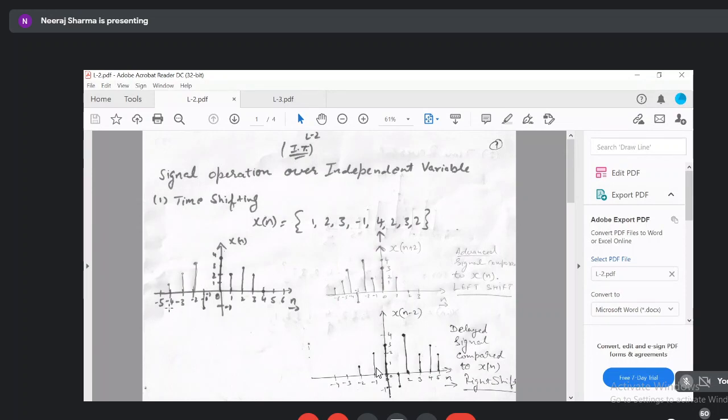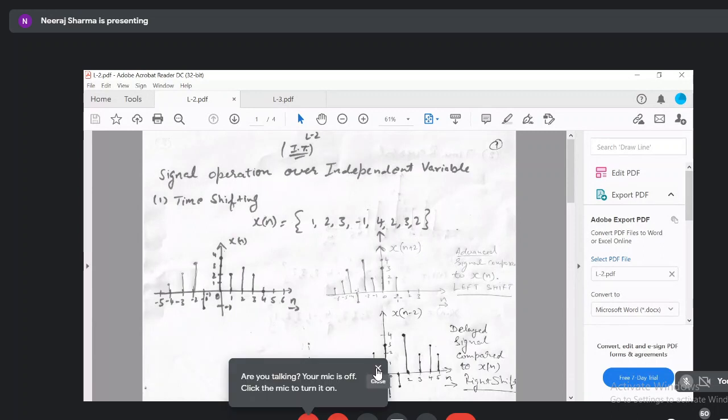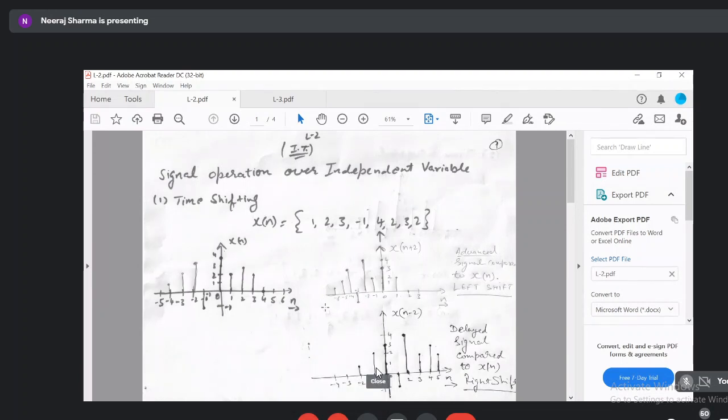The initial sequence was starting at -4 and ending at +3, and the xn plus 2 sequence is starting at -6 and ending at +1, which shows that the signal has been shifted towards the left hand side by 2 units, and that's why it is known as the advanced version of the initial signal.